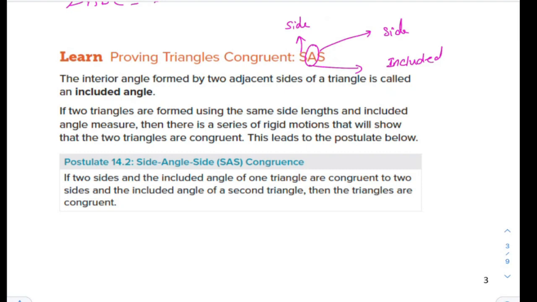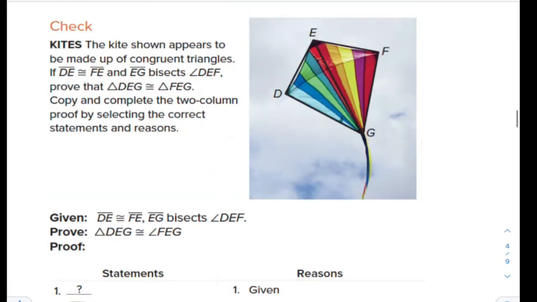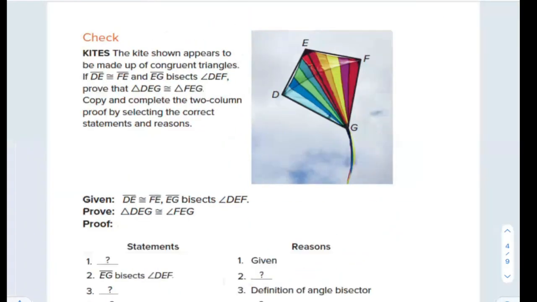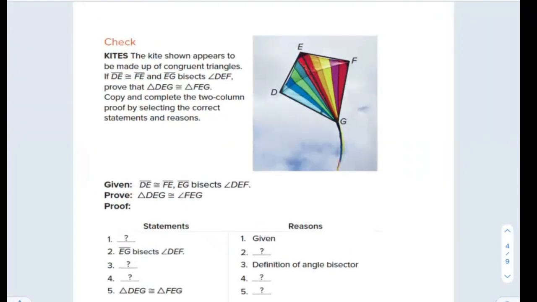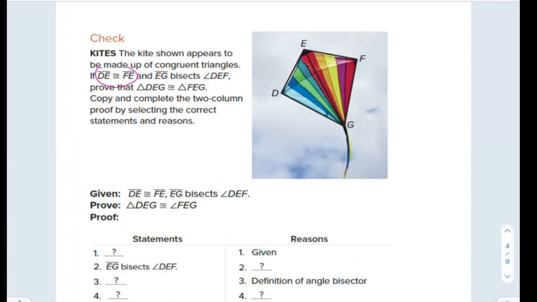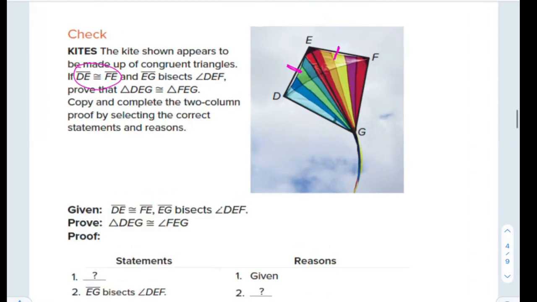Let's check now this question. The kite shown appears to be made up of congruent triangles. If DE is congruent to FE, DE is congruent to FE or EF, same thing, and EG bisects angle DEF, which means EG cuts the angle into 2 congruent parts.